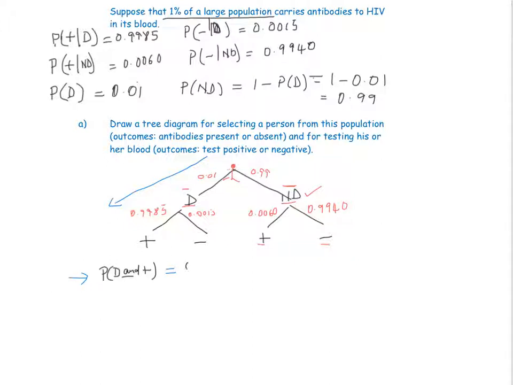So that would be with probability 0.01, and the probability that they show positive given that they have the disease, and that would be 0.9985.